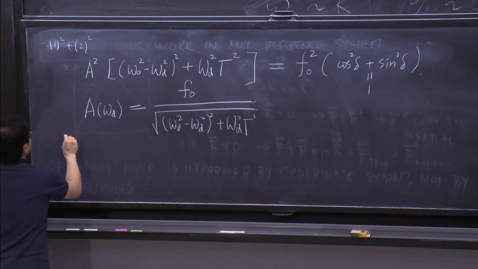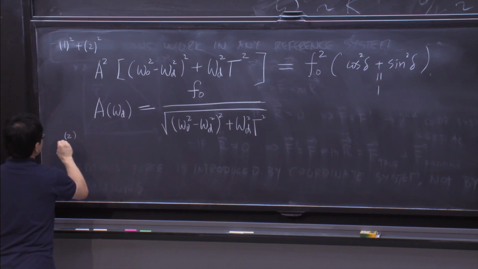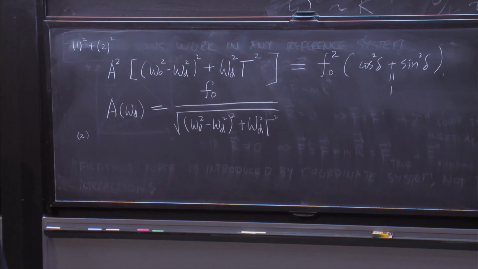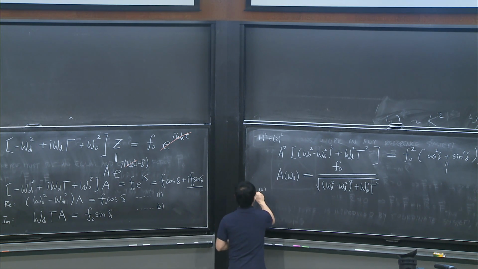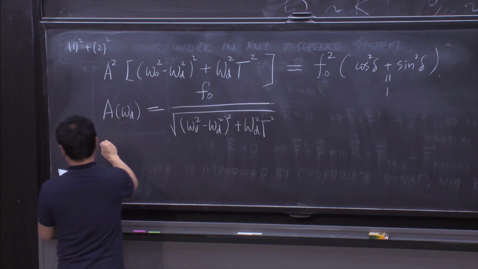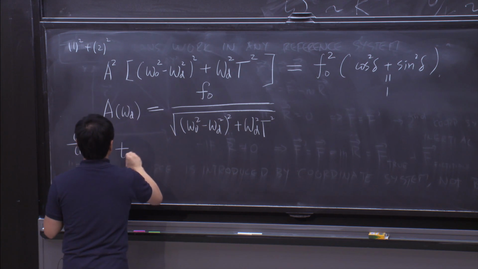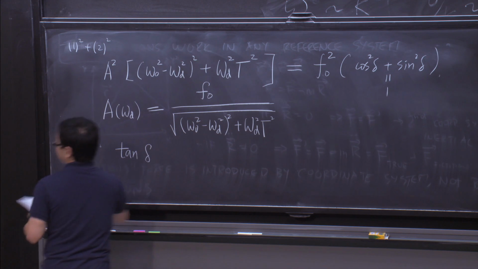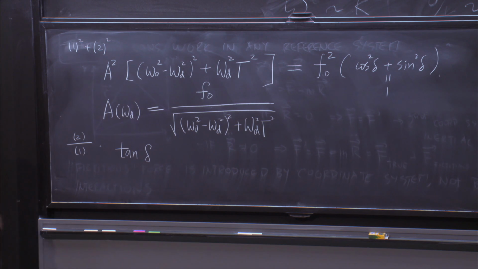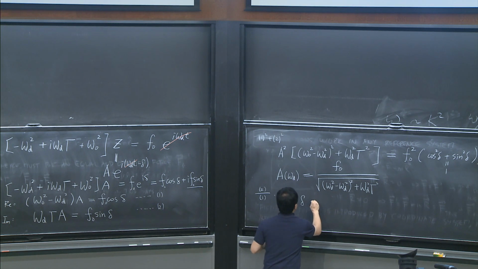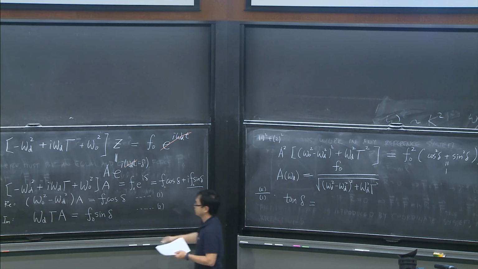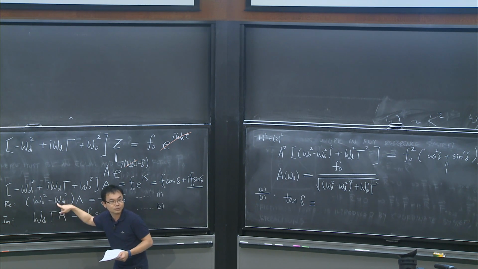Then we can also calculate what will be the delta. The trick is to take a ratio between equation number 2 and equation number 1. 2 divided by 1, basically you will get tangent delta. This is sine divided by cosine. F0 actually cancels, and this is equal to the ratio of these two terms.